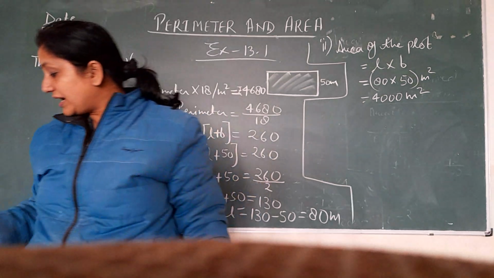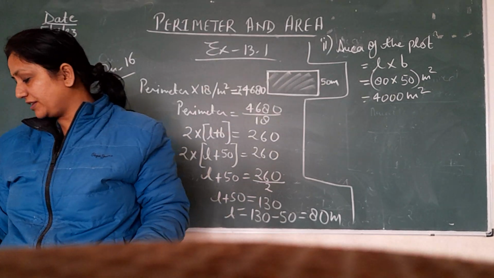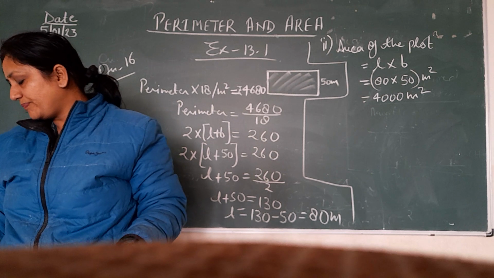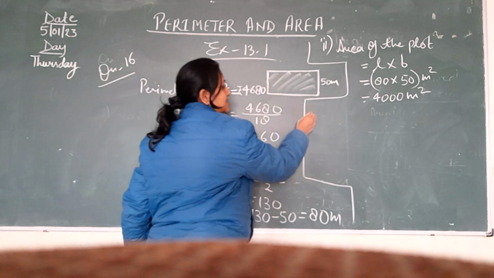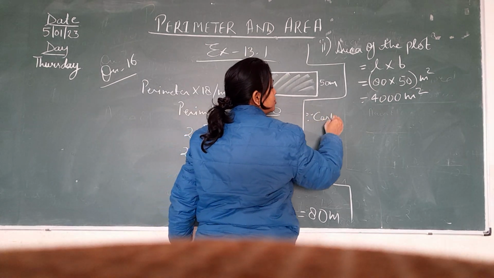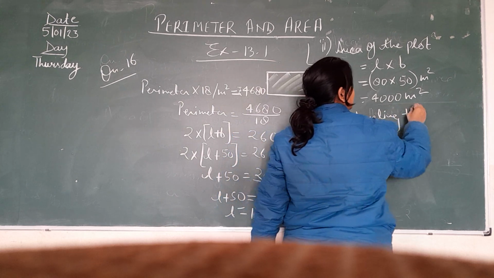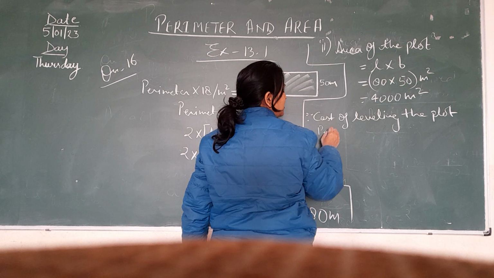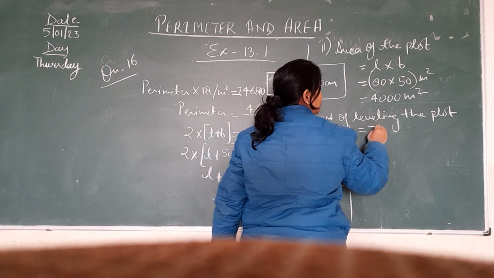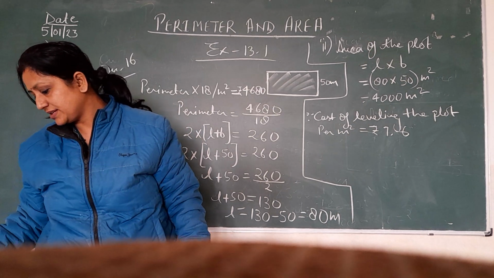So we have to cover this, we will find the cost of leveling the plot if the rate of leveling is 7.6 per meter square. So we write, since cost of leveling the plot per meter square is equal to rupees 7.6. It is given 7.6, yes.